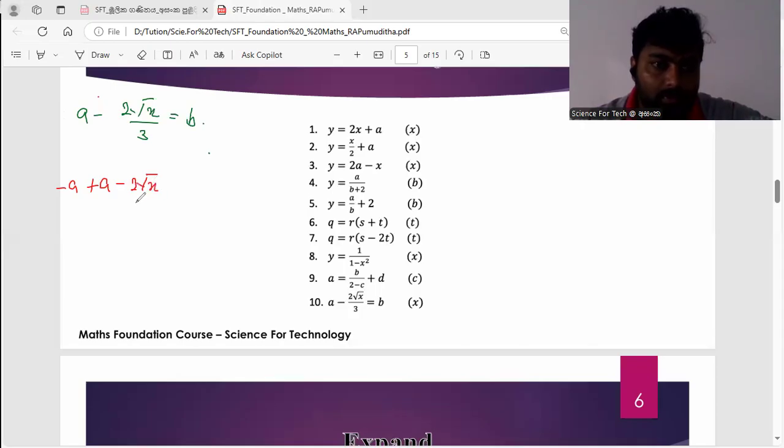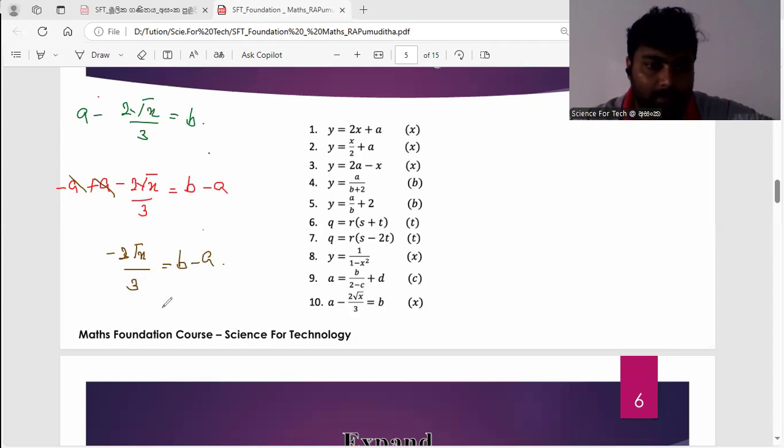And this plus a minus 2 into square root of x divided by 3 equal b, and this is the additional part, minus a. What happened? This minus and plus get cancelled, and our answer is minus 2 square root of x divided by 3 equals b minus a.